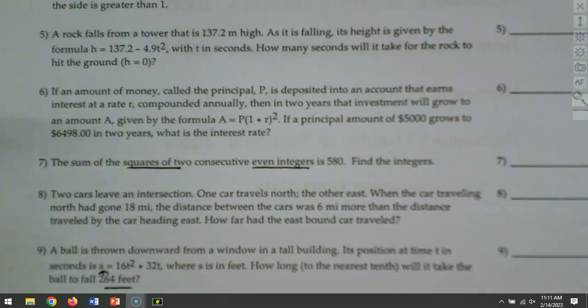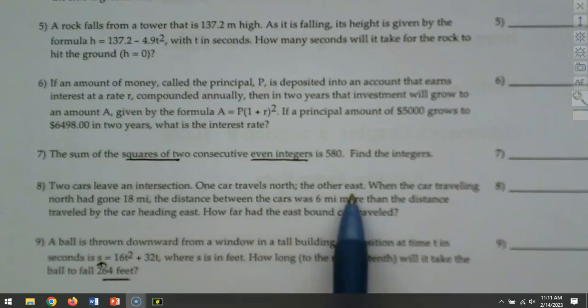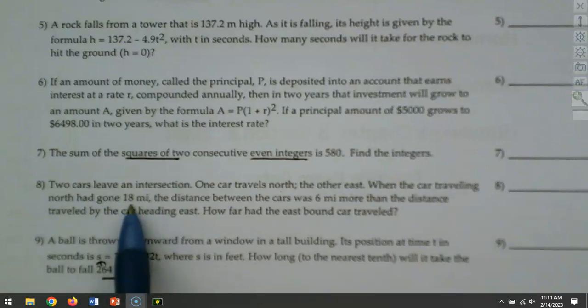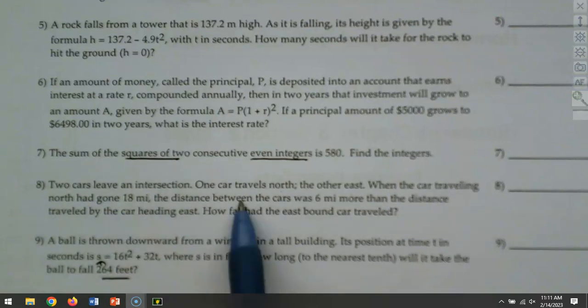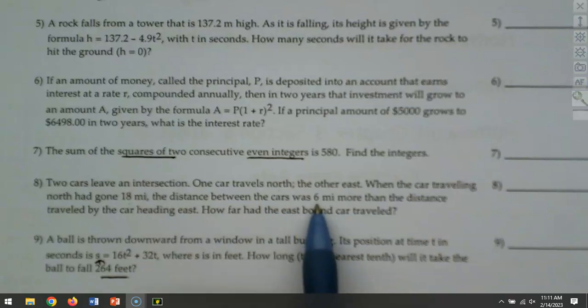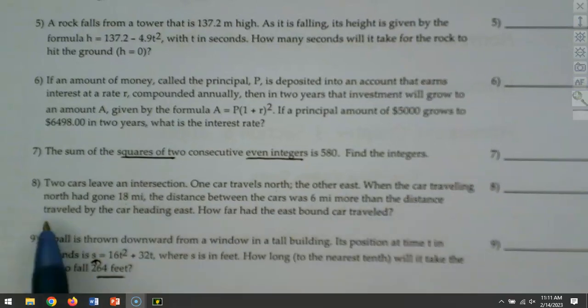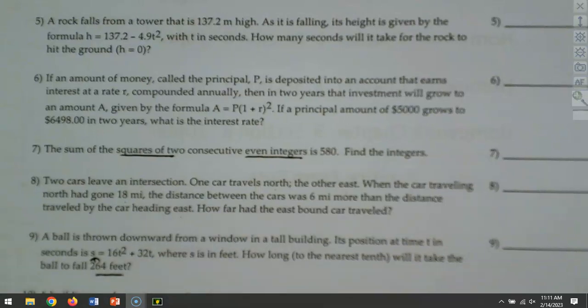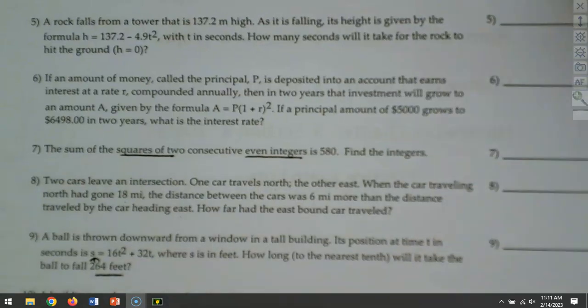So 2 cars leave an intersection. One travels north, the other east. When the car traveling north had gone 18 miles, the distance between the cars was 6 more than the distance traveled by the car heading east. How far had the car heading east traveled?